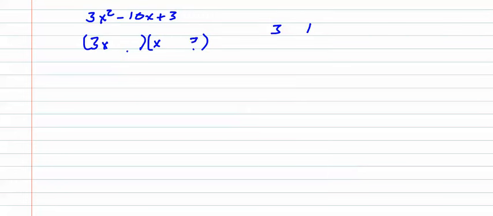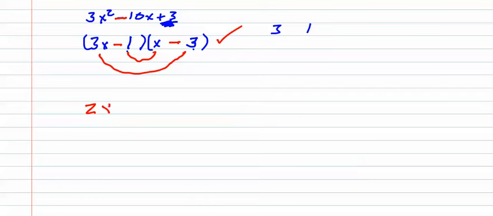I'm going to put the 3 here and the 1 here. Because this is positive, both of these are positive or both are negative. Since this is negative right here, they both have to be a negative. So let's check. Negative 9x, negative 1x is negative 10x. I'm good to go.